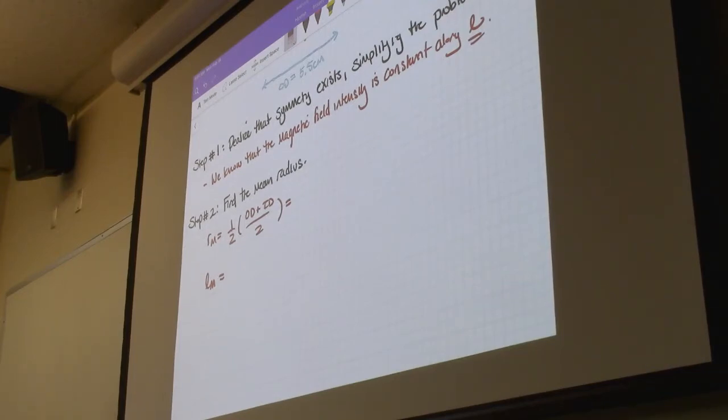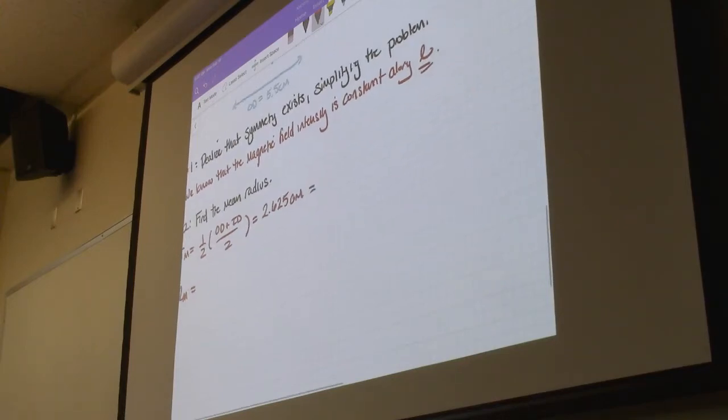All right, so this is right. Thank you. In meters, because eventually we're going to be doing everything in meters. That's going to be divided by 100, so that will give us 0.02625 meters.